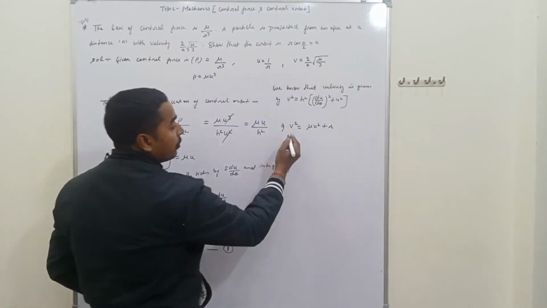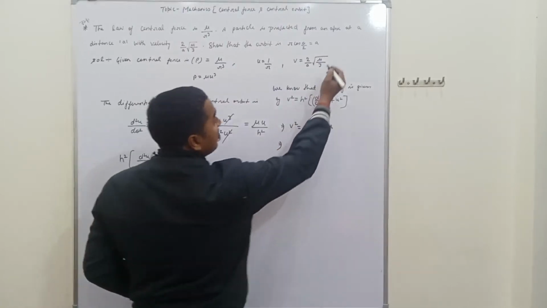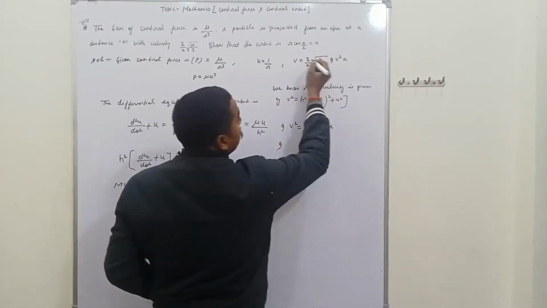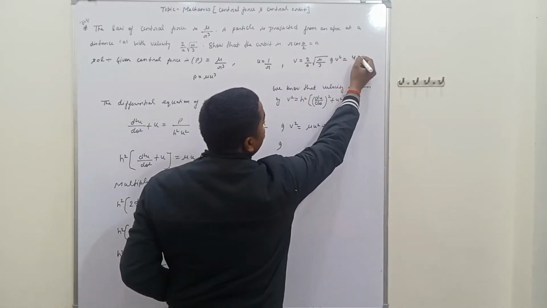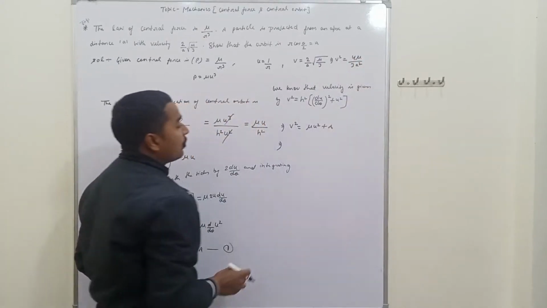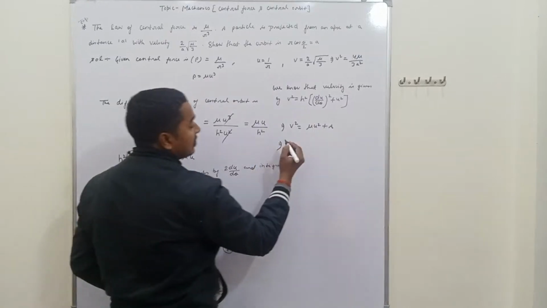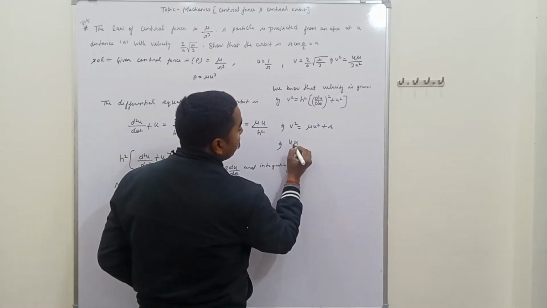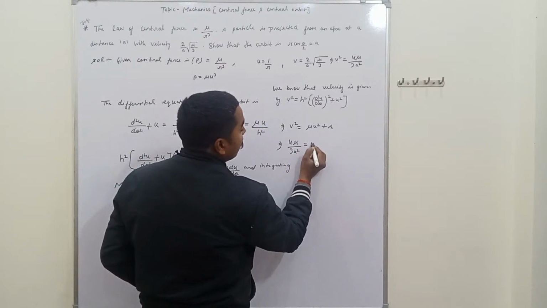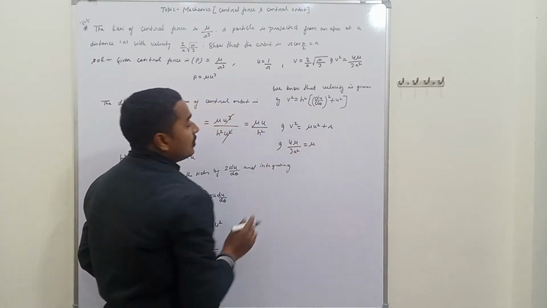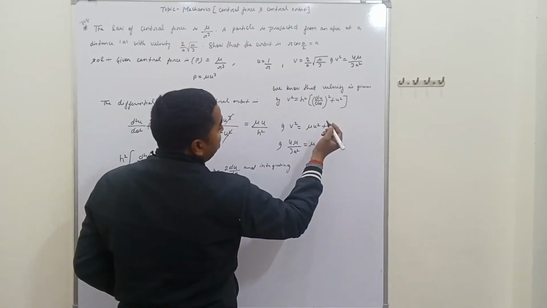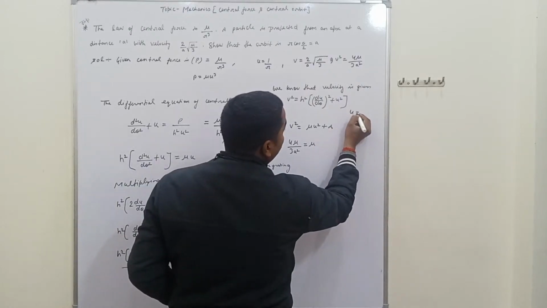Squaring both sides, v square is 4 mu upon 3a square. We put the value of v square here, that is 4 mu upon 3a square is equal to mu into u square, and we know that at an apse u is written as 1 upon a.